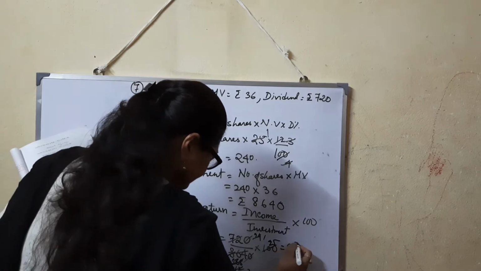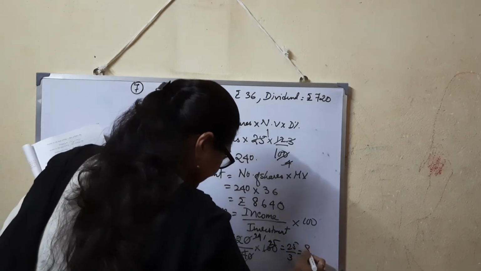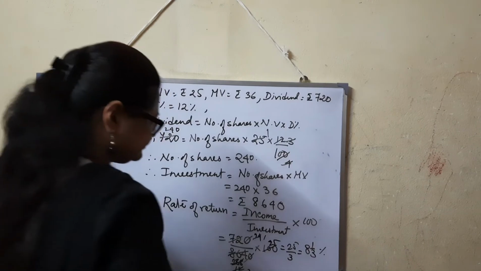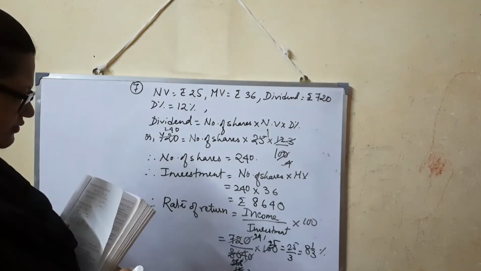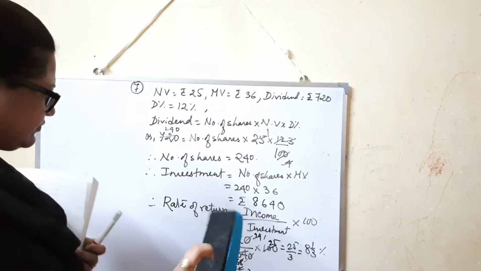That means 8 1 by 3%. Okay. So let's move on to the next sum.